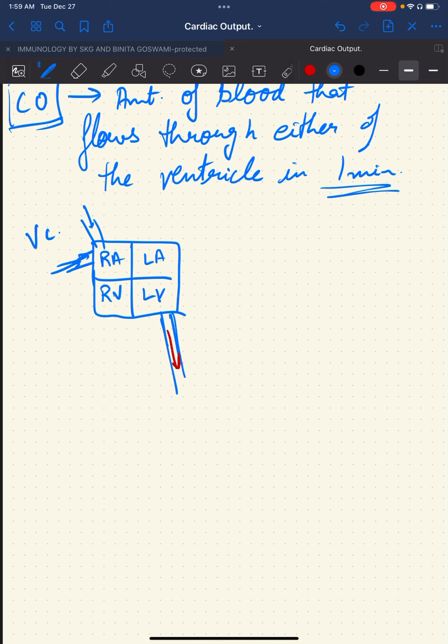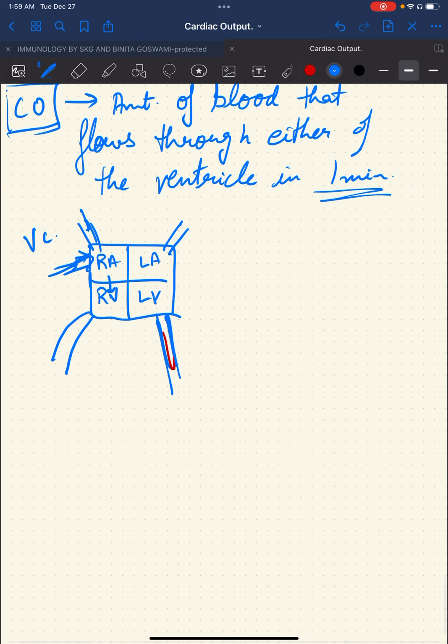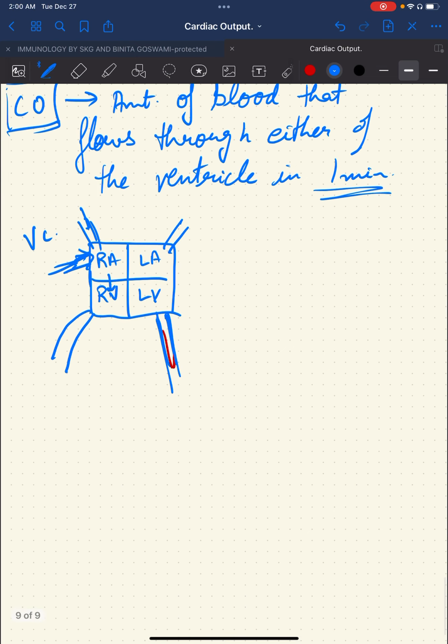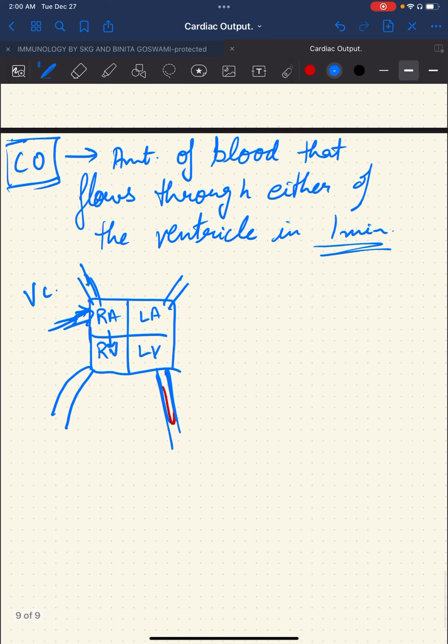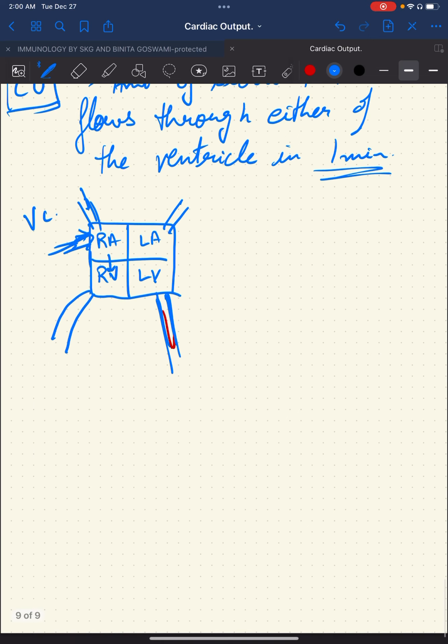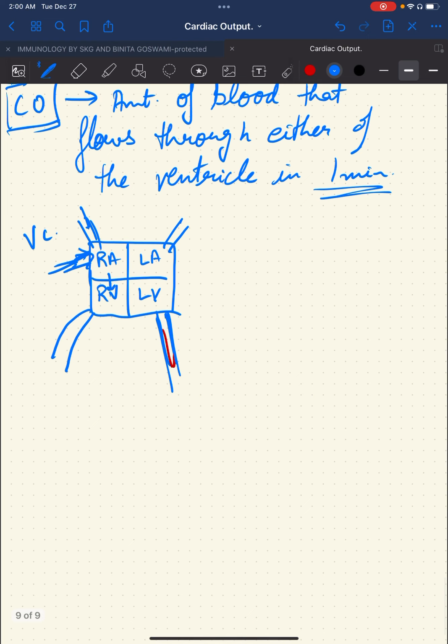So whatever blood that is coming here, whatever blood which is flowing from here, whatever blood which is leaving here, whatever blood that is entering here, and whatever blood that is leaving from here is exactly the same. I hope you get this much. Moving on, cardiac output. How we define cardiac output? Well, definition is, I think it is clear.